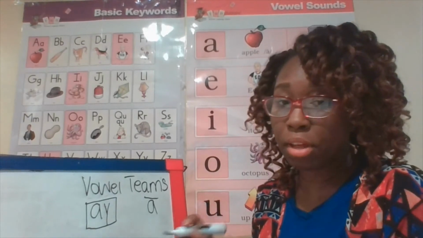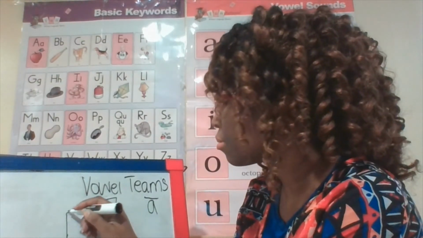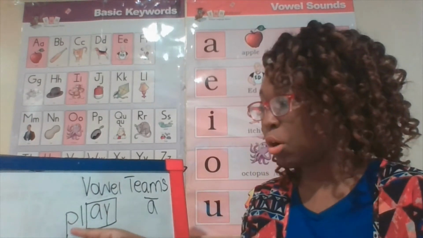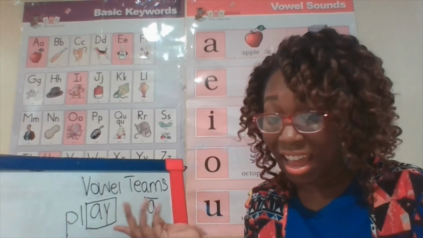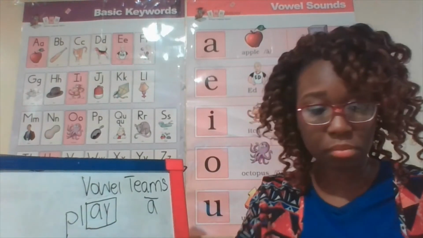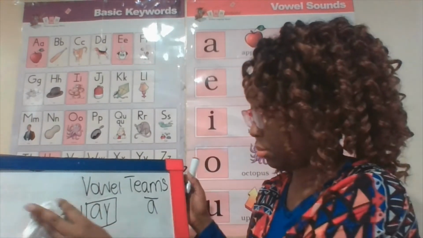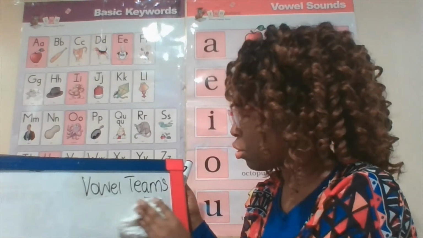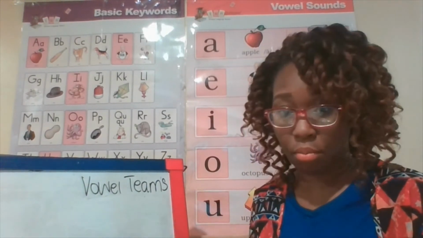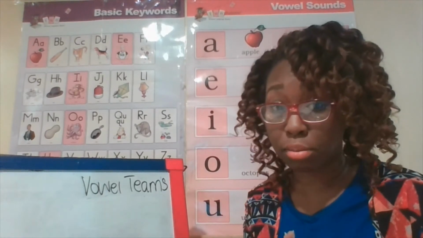So, for example, in the word play. The word play has an AY that makes the A sound. Okay? So now you know two vowel teams. You know AI, you know AY. But guess what? There's more.